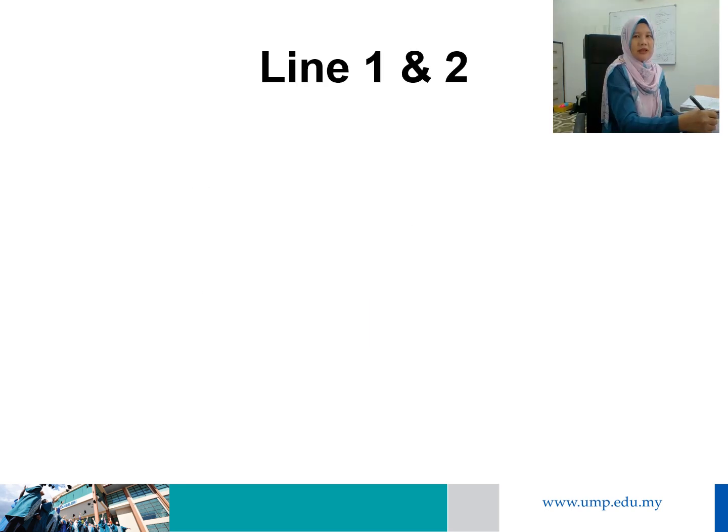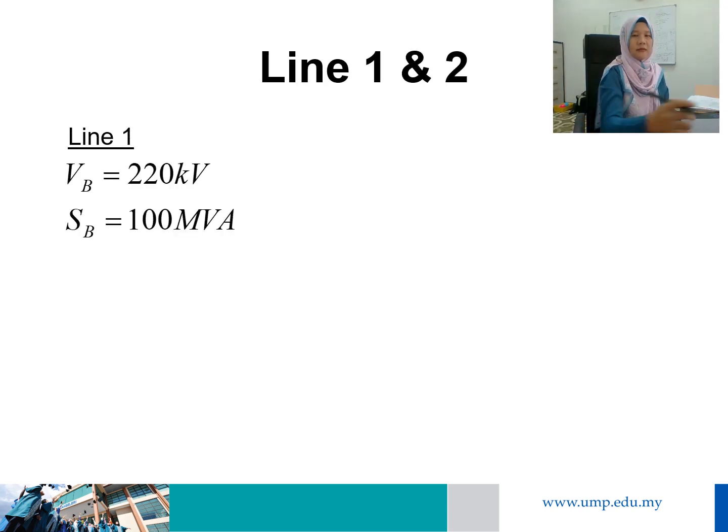For transmission line, for the line 1, we have base voltage equal to 220 kV and the base power equal to 100 MVA. Thus, we can calculate the base impedance.